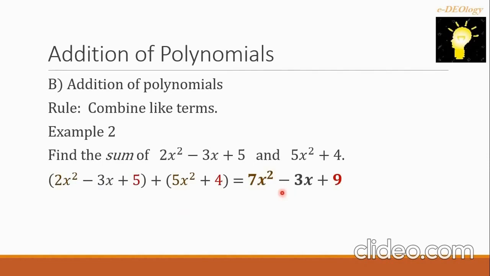Make sure that you don't forget to include that negative 3x. And for the constants, the 5 plus 4 will give us 9. So the final answer is 7x squared minus 3x plus 9.